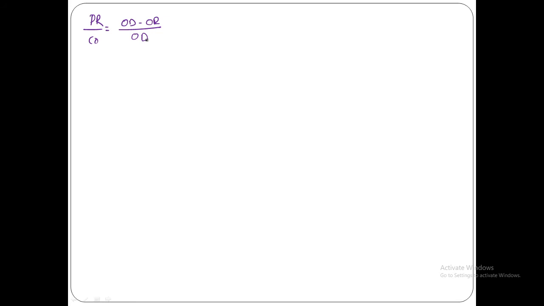Now we can further simplify this equation. PR divided by CO equals 1 minus OR divided by OD.